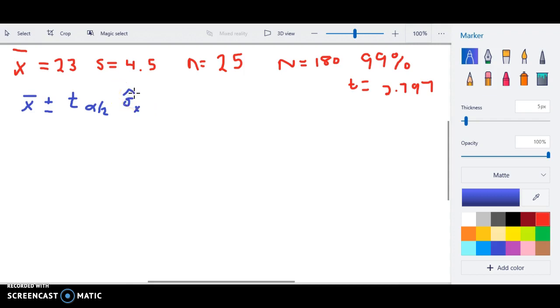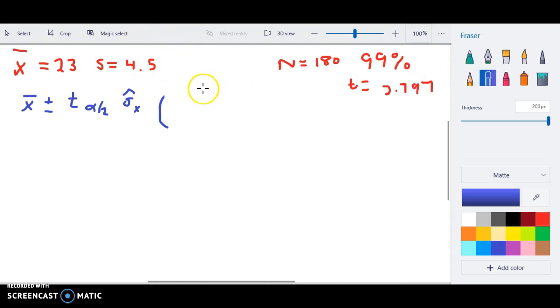We're going to have to calculate that in a second. And then we have the square root of, hold on a second.